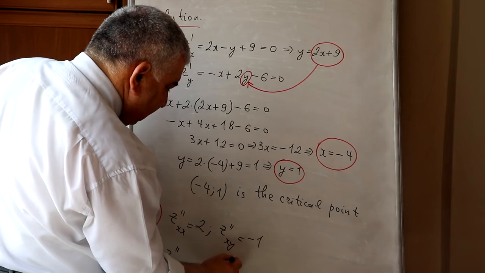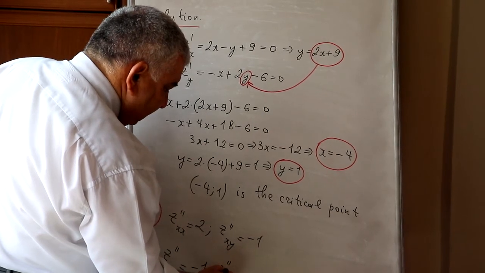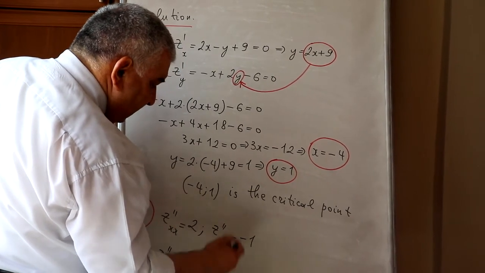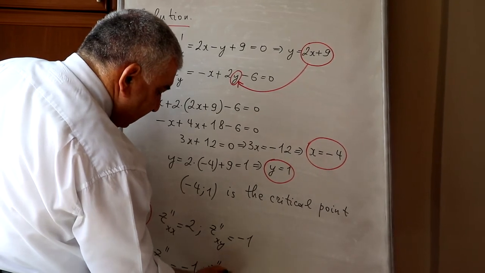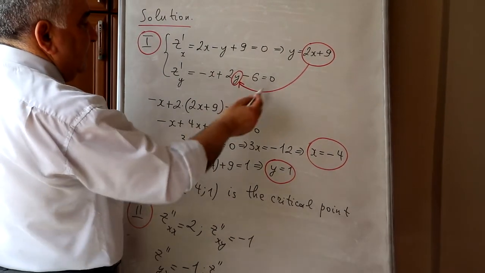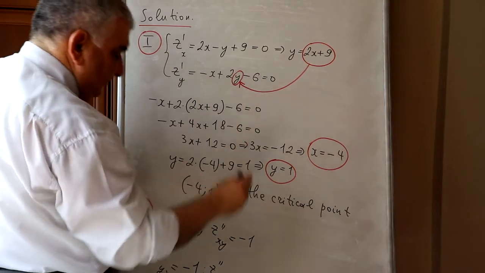And finally the second order partial derivative yy, the derivative with respect to y, is 2.